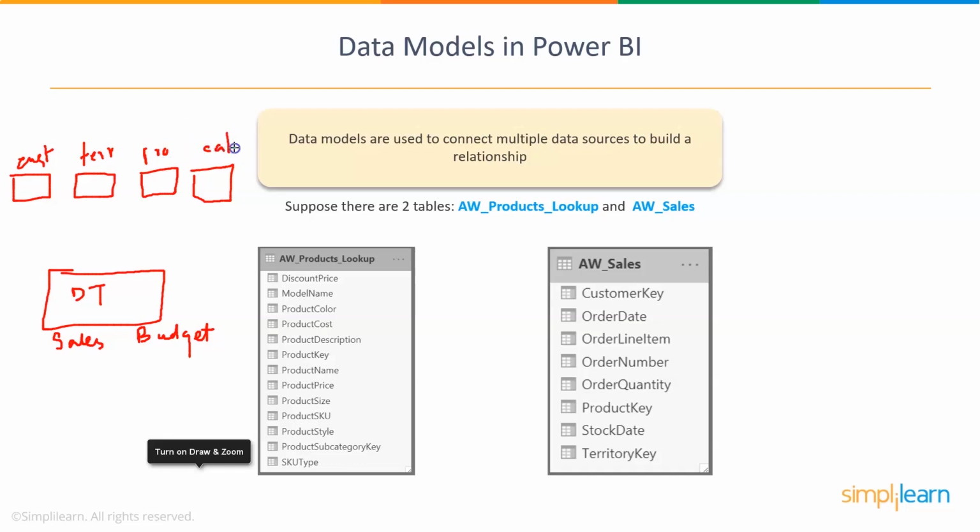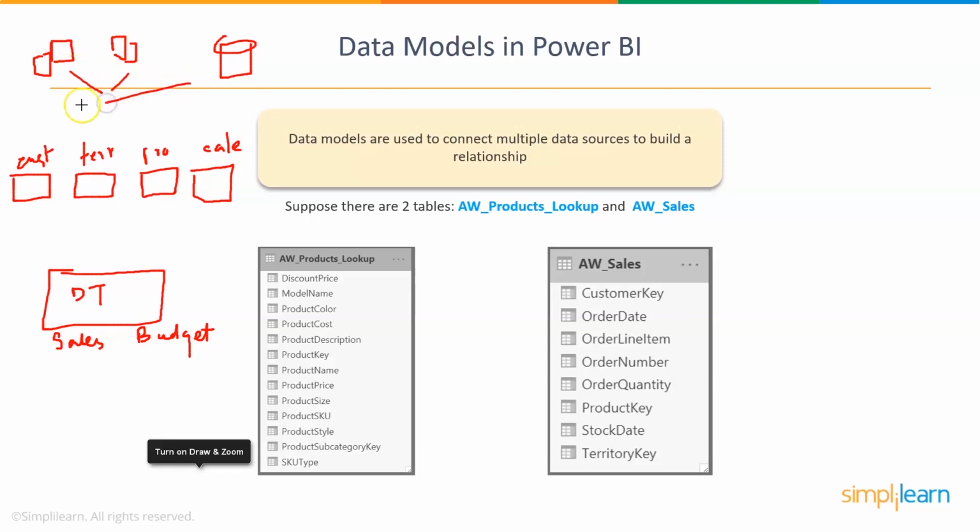So these are basically my lookup tables. As I said, your data might be coming in from different sources, let's say a database, or some kind of files, or some kind of systems. So your data might be coming in from different places.